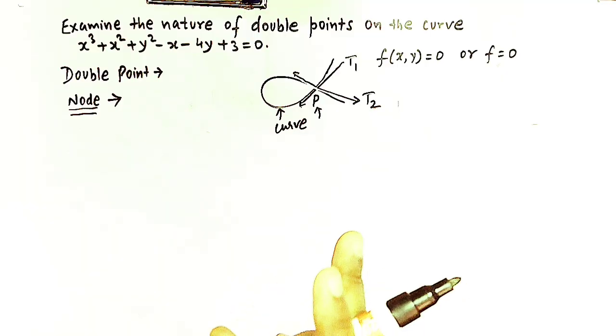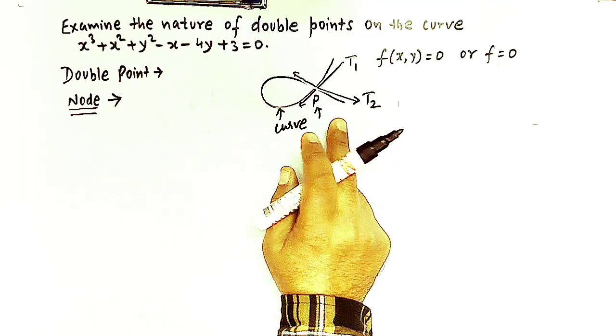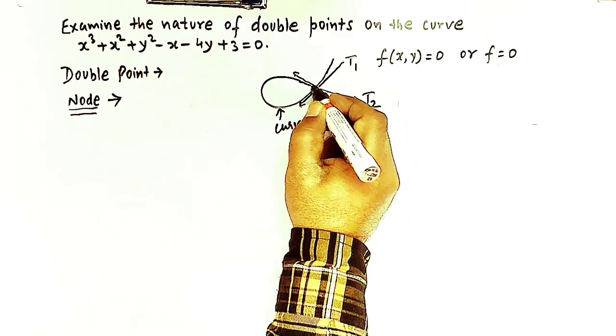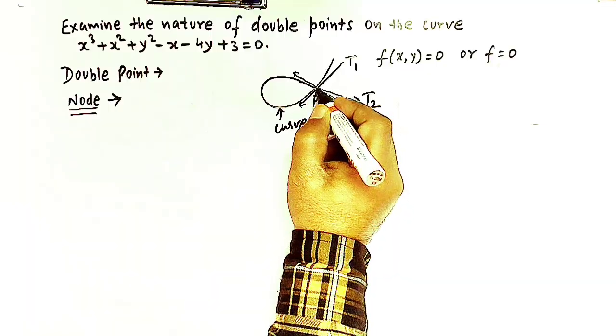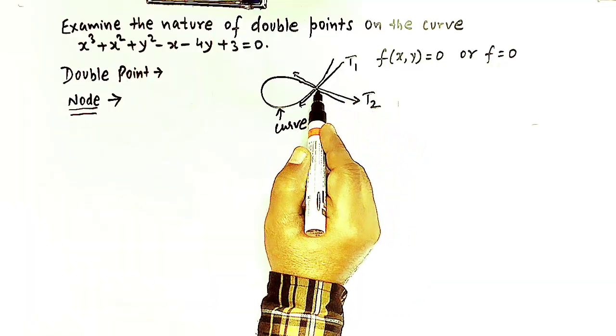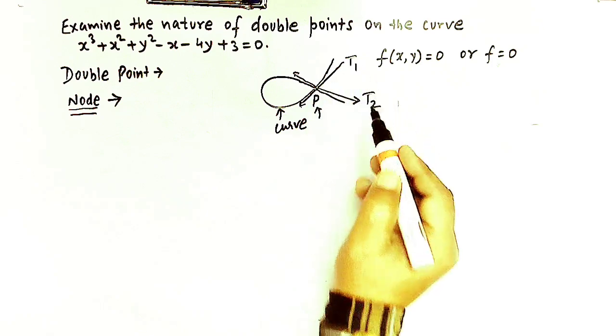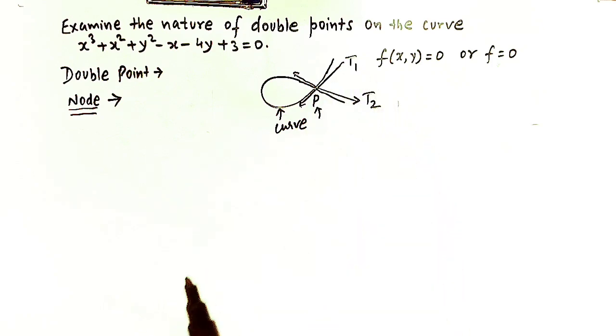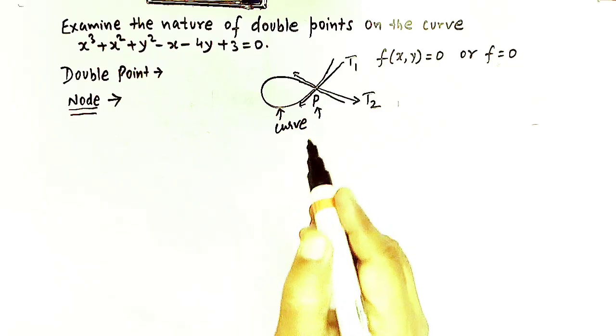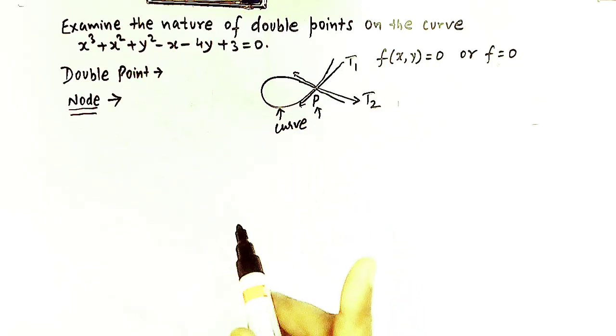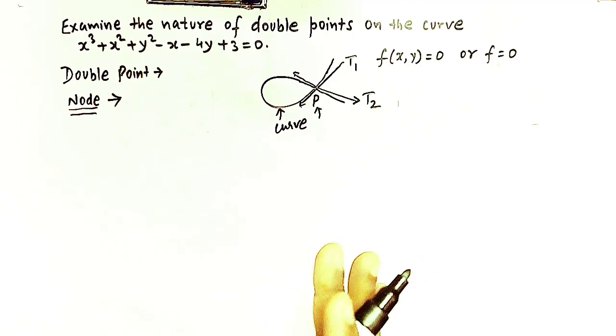So if two branches of a curve pass through a point say P, and if two tangents are drawn at this point P, say T1 and T2, and both the tangents T1 and T2 at P are real and distinct, then this point P is known as a double point as a node, right?